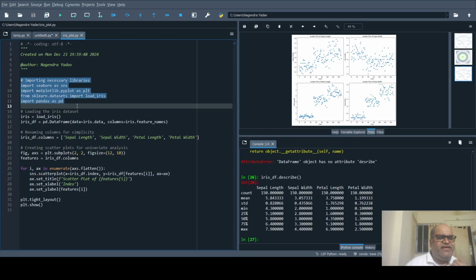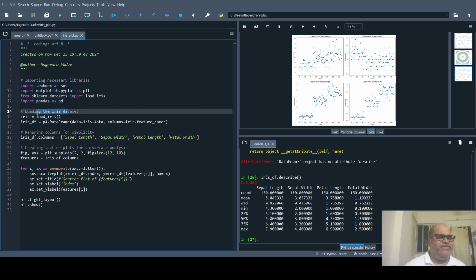The Iris data set is available inside the sklearn package, so we are importing load_iris from there, and pandas is general purpose. Loading is pretty much the common syntax.